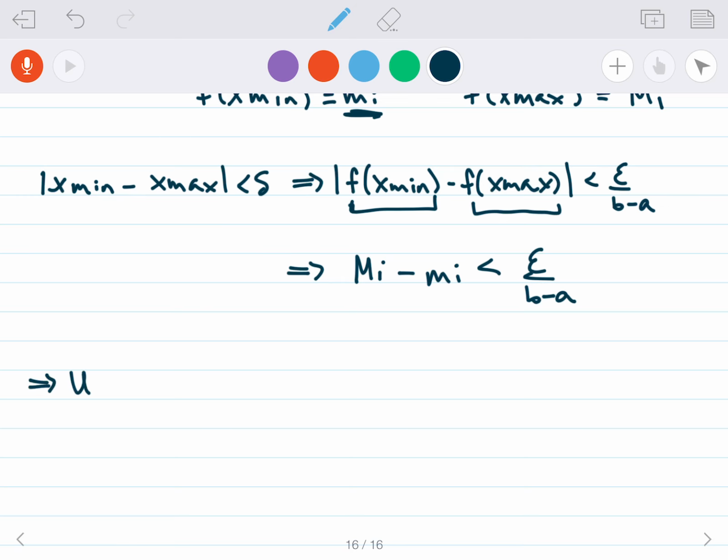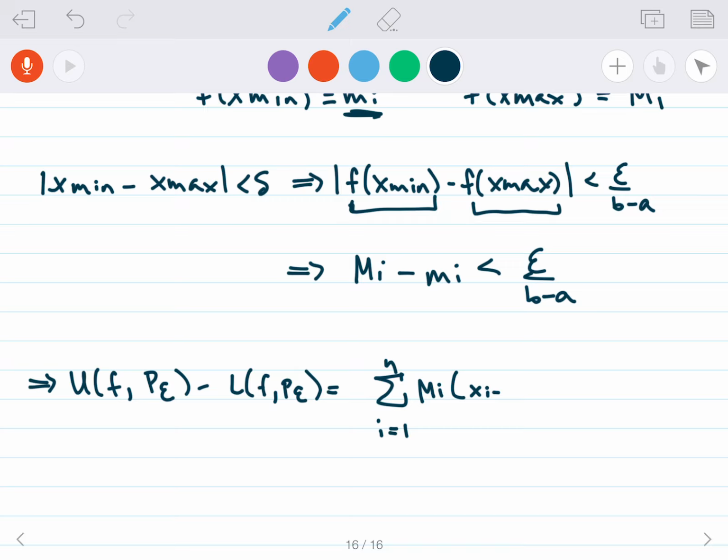U(f, P) minus L(f, P), just by definition, is equal to the sum from i equals 1 to n of M_i times (x_i minus x_{i-1}) minus, okay, I'm just filling in what the definition says these things are.